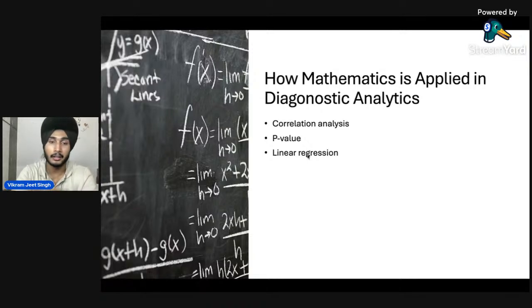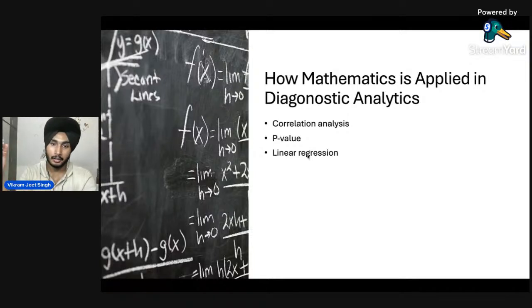Let's say we have two values: the marks obtained by a student and the number of hours that student has studied, just basic variables. We have a graph and we plot it. Based on the values coming up, we decide the value of R, the correlation, in some way.